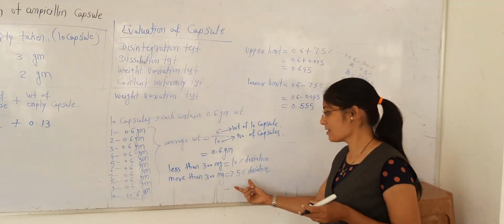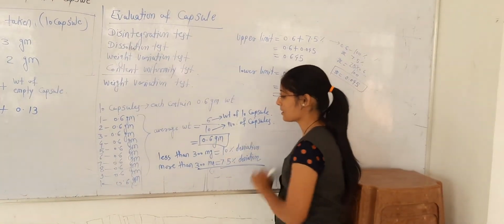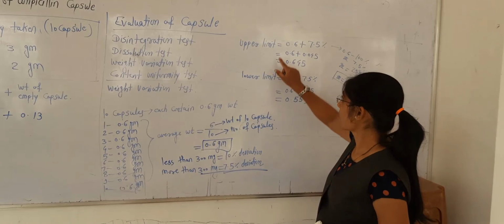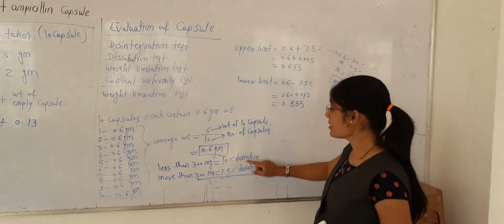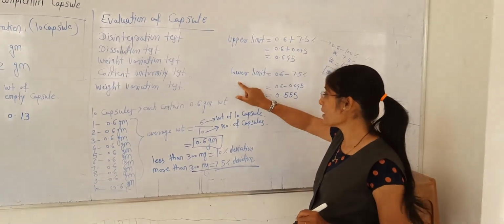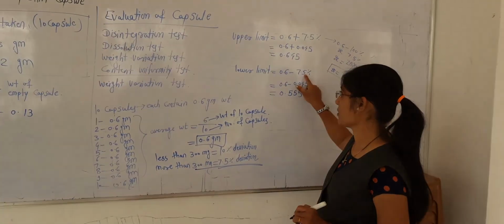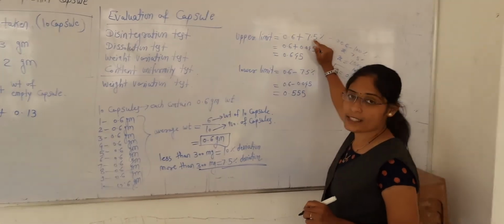We consider this deviation because the average weight is 0.6 gram. So to 0.6 gram we add the 7.5%. This is the upper limit, and for the lower limit, from 0.6 gram we subtract the 7.5%.